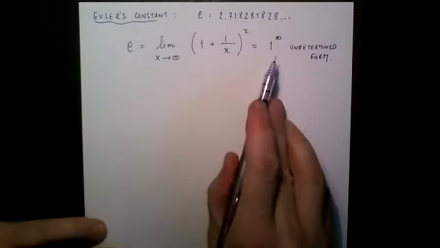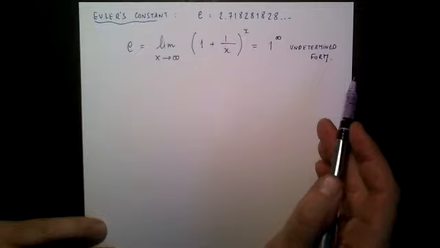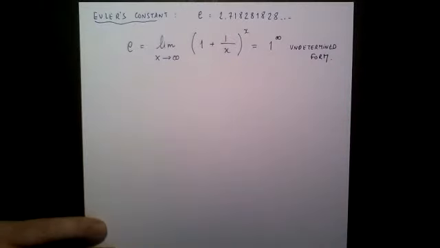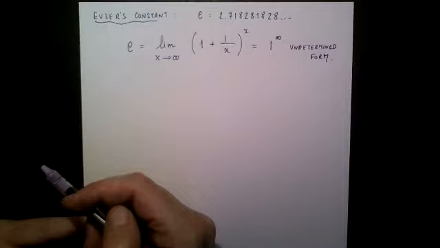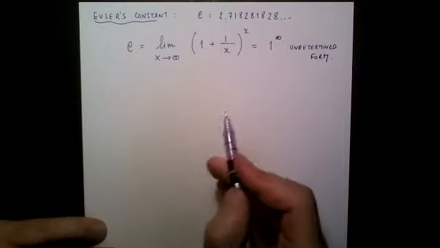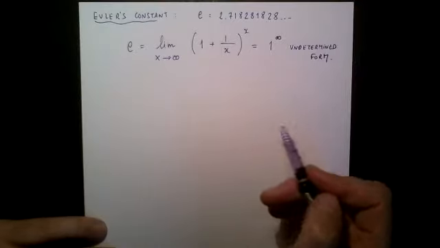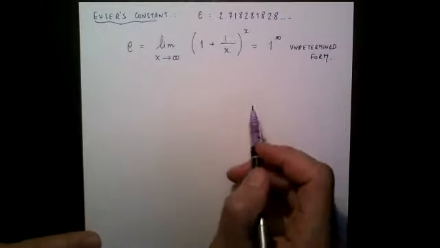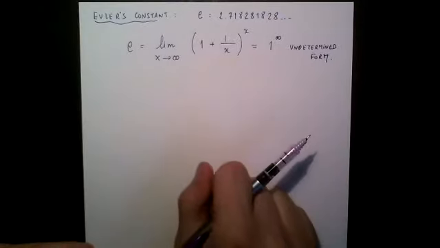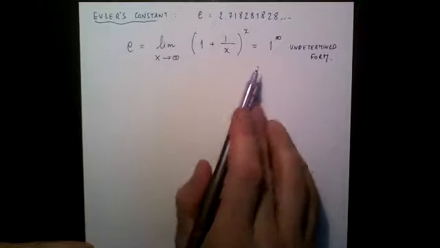Even though 1 power anything is 1, 1 power infinity is not necessarily 1 anymore. Same as 0 power infinity, things like this. We're going to deal with these later in the course. But for now, know that 1 power infinity is an undetermined form.